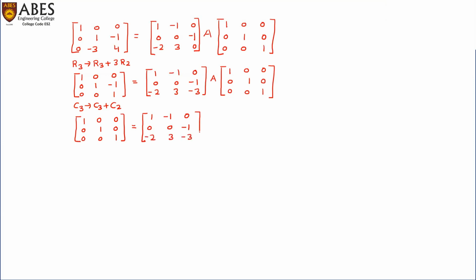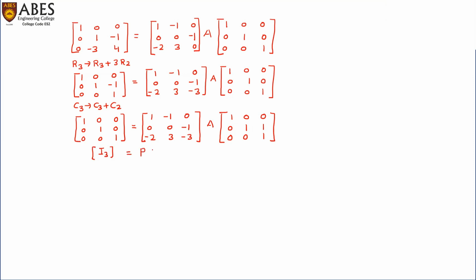The matrix A becomes 1, 0, 0, 0, 1, 0, and 0, 1, 1. So this is the form of I3.